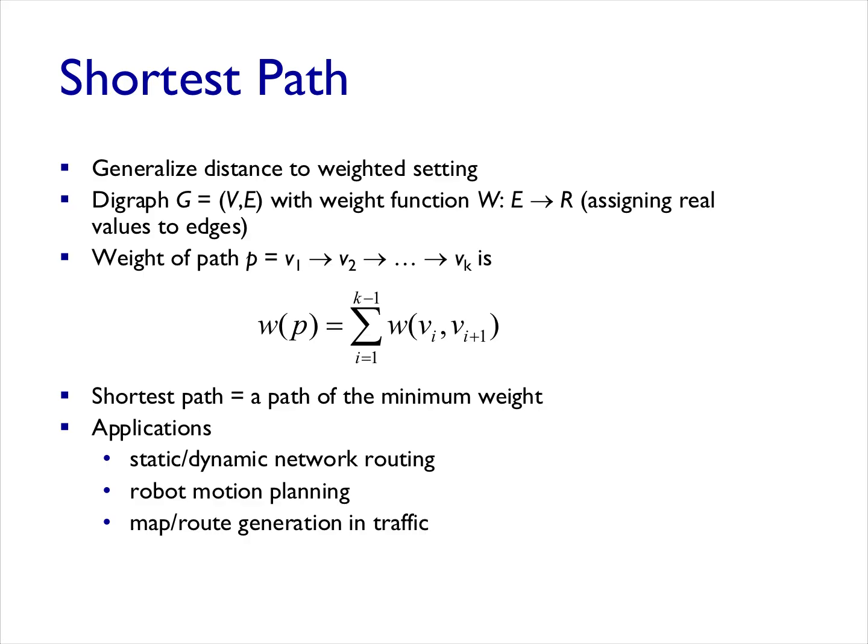So the number of intermediate edges and vertices is much larger, but the cost is smaller. In that case, we call the second path the shortest path because it's the one that minimizes the criteria that I'm interested in. So you always have to look for what is the criteria.